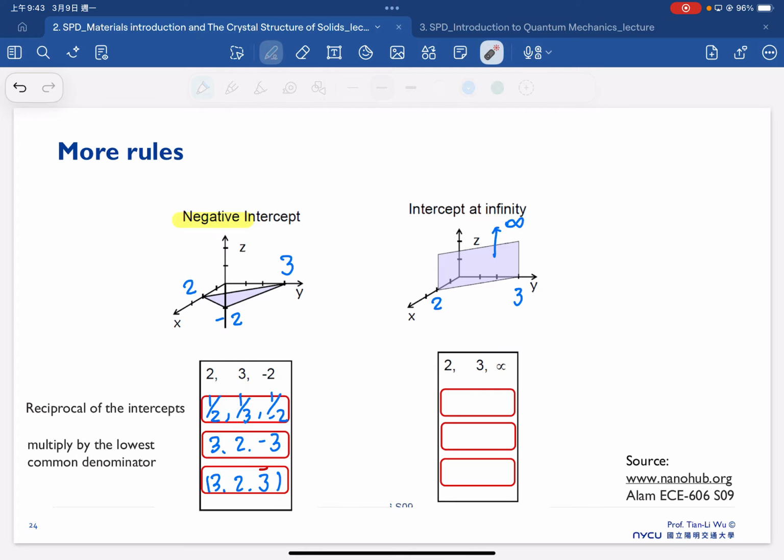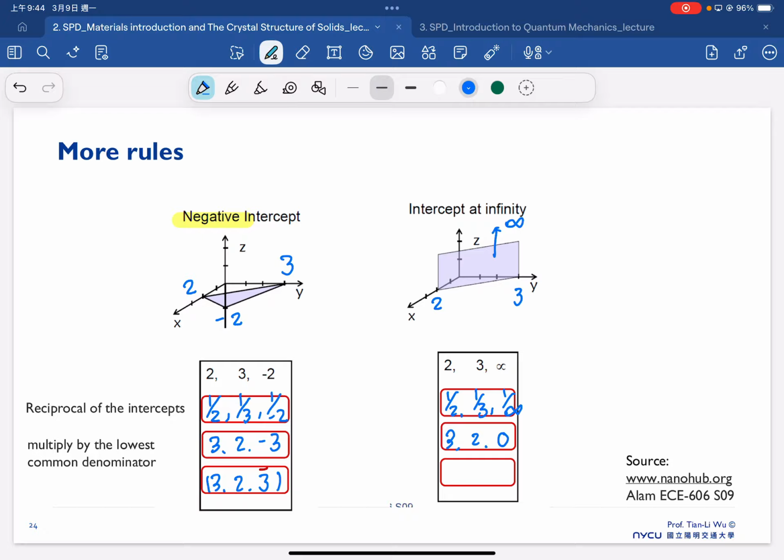And then we take the reciprocal. So we have 1/2, 1/3, and 1/infinity here. In the end, we get the result 3, 2, 0.